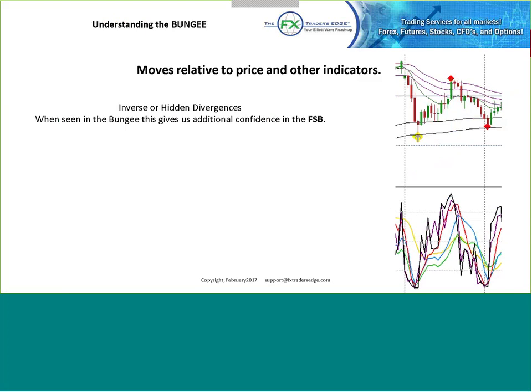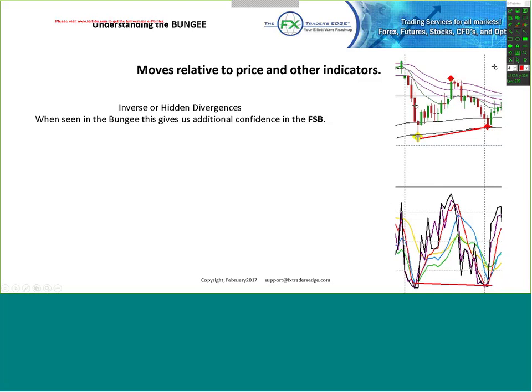Inverse or hidden divergence. We all know what inverse or hidden divergence looks like on the awesome oscillator. Here is a higher low, but here is a lower low on the red bungee. So you're in for a reversal, and it's no surprise we're at the tunnel.